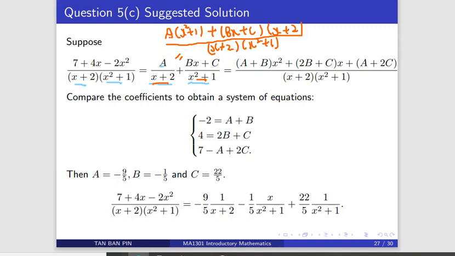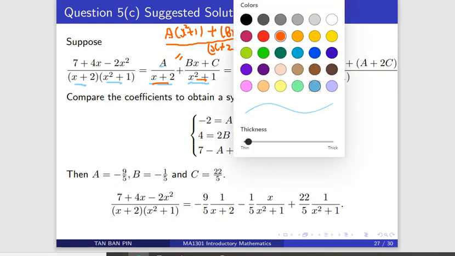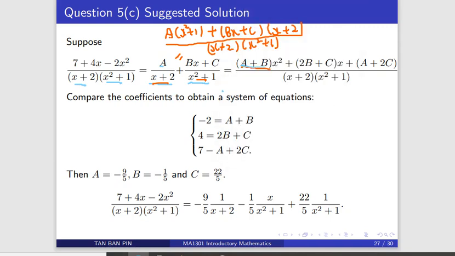You can expand this and write it this way: collecting the x squared term, it will be (A plus B) x squared, then (2B plus C) times x, plus A plus 2C. And then you can equate the coefficients. For x squared, A plus B is minus 2.